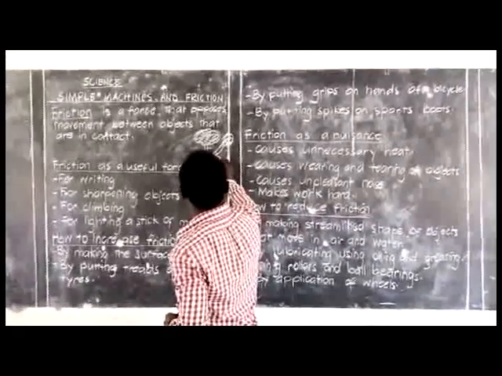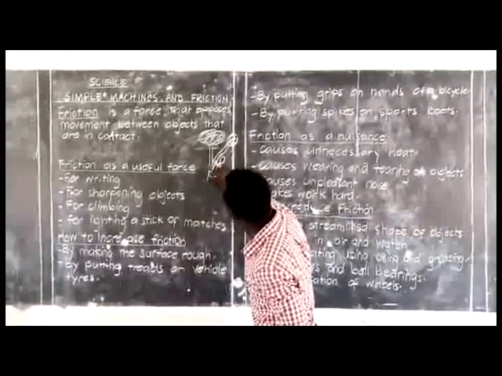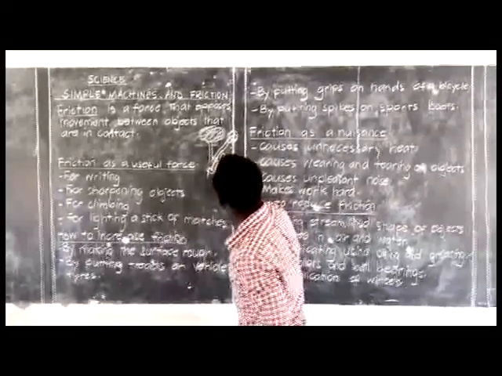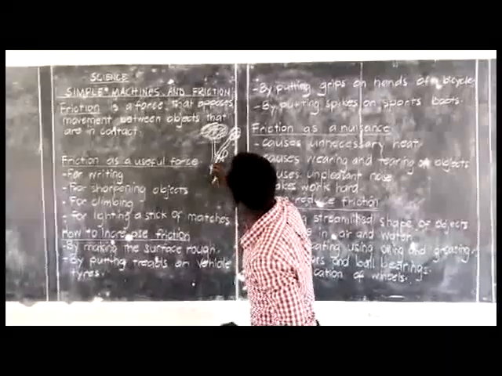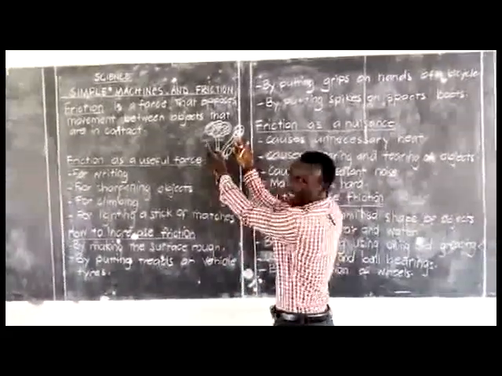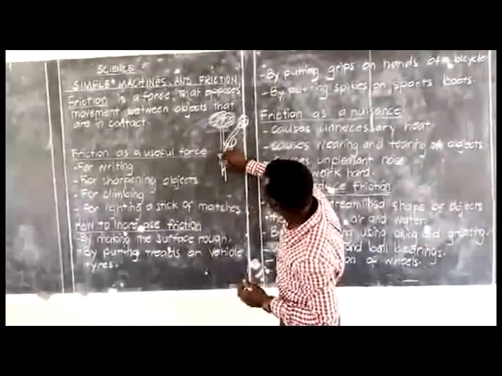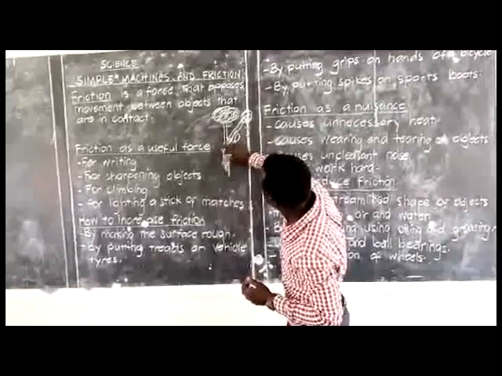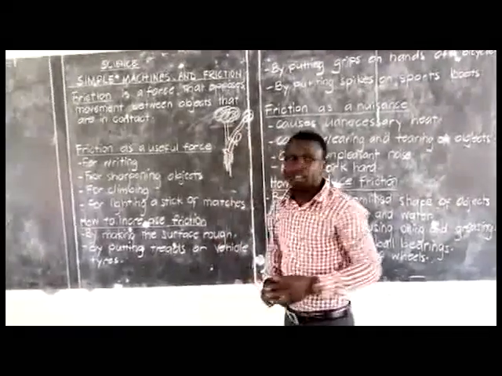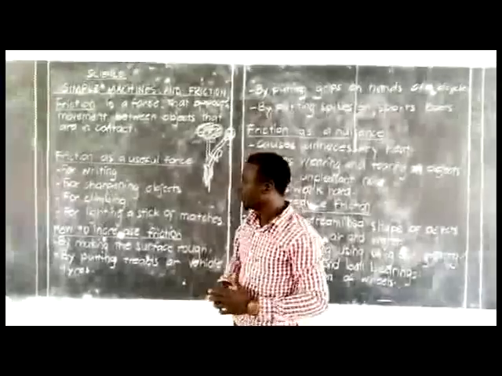John will climb with the help of friction. John will hold the branches of the tree, and because the tree has a rough stem, John will be able to move easily with the help of friction.